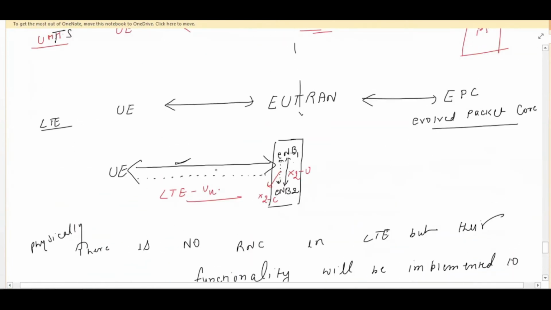So if you see here, your mobile, the RAN, is communicating with the core network. There will be multiple RANs, which all of you from other backgrounds know, and multiple RANs will communicate with the core network.